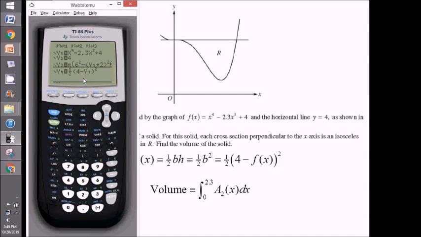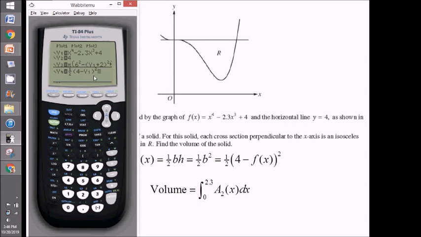So for this one, I'm going back to my y equals, and I'm going to put something in y4 now. I'm going to put my area function in there. This is going to be 1/2 times 4 minus f of x, which again, I've stored f of x in y1, so I don't have to keep rewriting it. And I'm squaring the 4 minus y1 there.